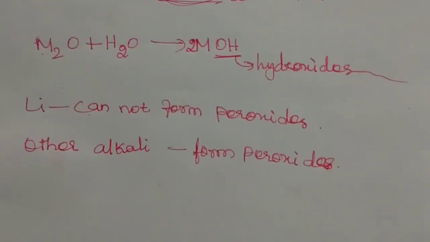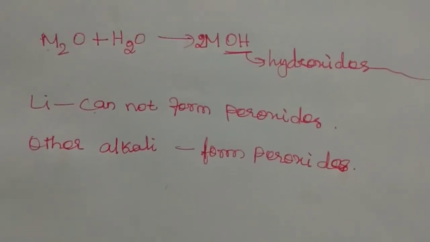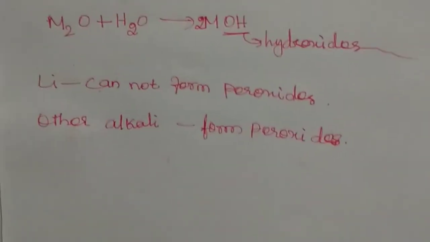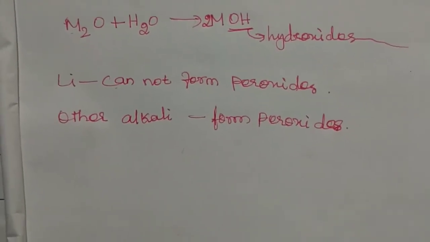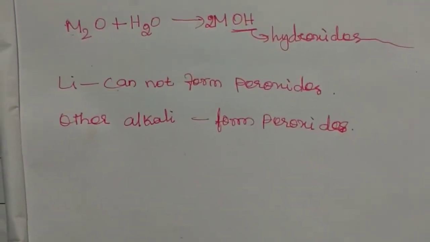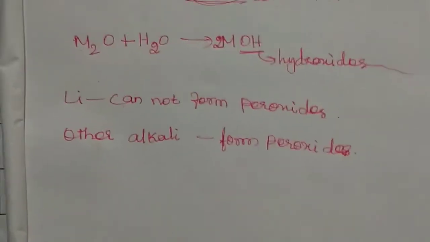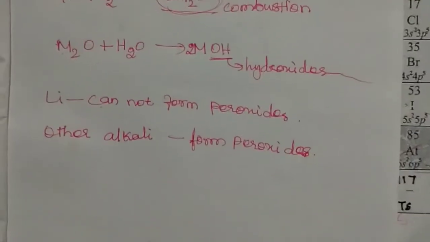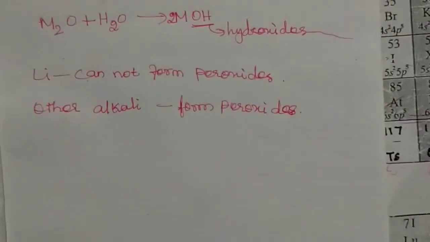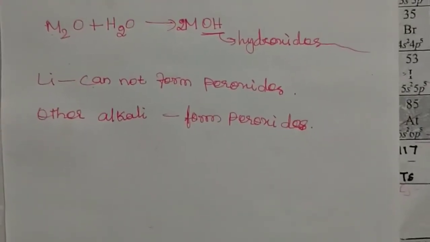The reaction for forming peroxide is treating the alkali metals under the combustion process with oxygen in excess amount. If the alkali metals react in the presence of excess oxygen, they can form peroxide.